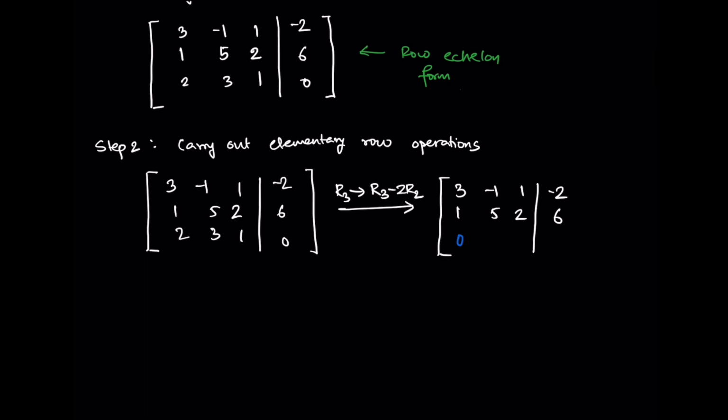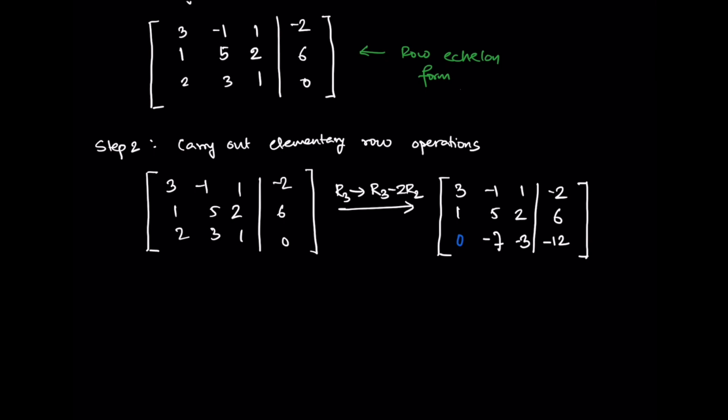Then in the second place we'll have 3 minus 5 into 2, 10. That is 3 minus 10, minus 7. And in the third place we will have 1 minus 4, which will give us minus 3. And we'll have 0 minus 6 into 2, 12, which will give us minus 12.